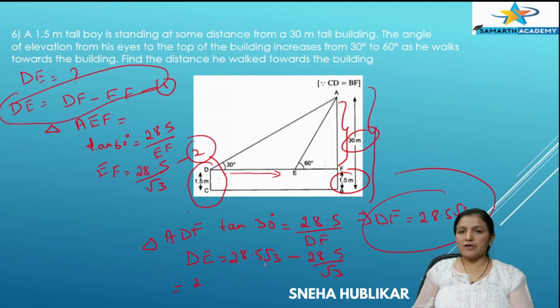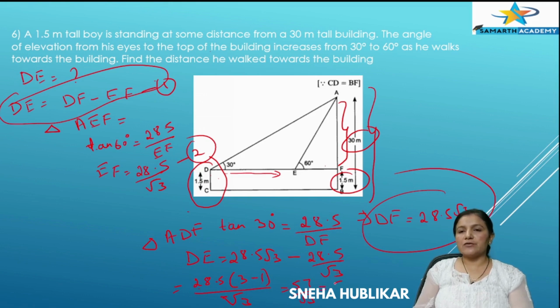So 28.5, take LCM. Root 3 is the LCM. So this becomes root 3 into root 3, 3. And here it is 1. So I took 28.5 common. So that is 57. 28.5 into 2 is 57 by root 3. Rationalize it.